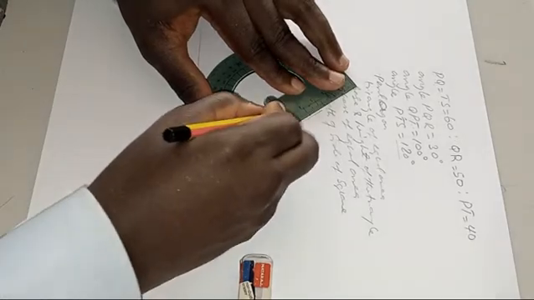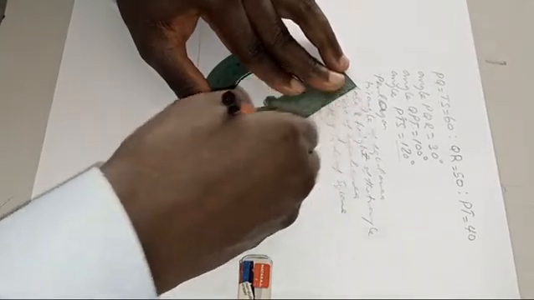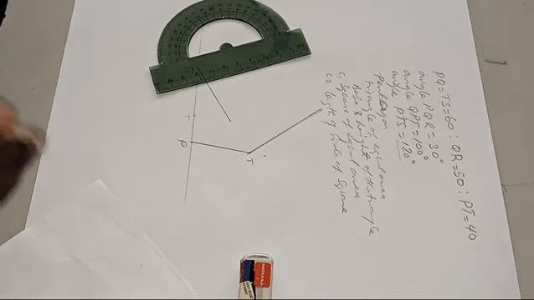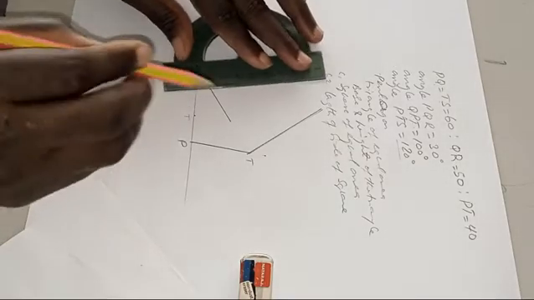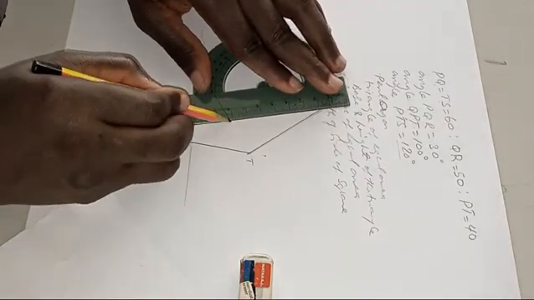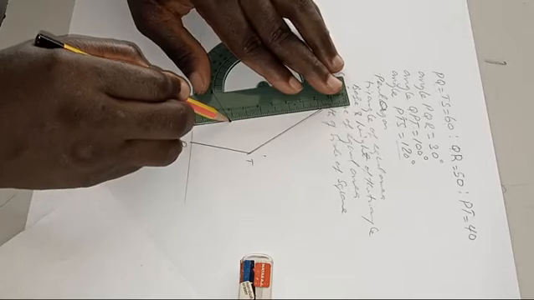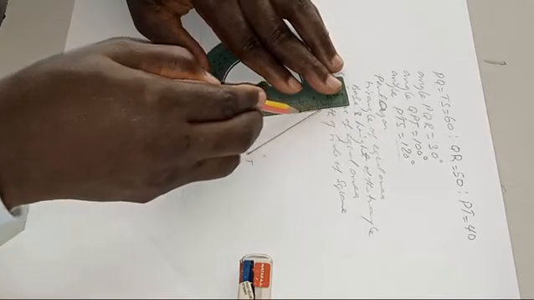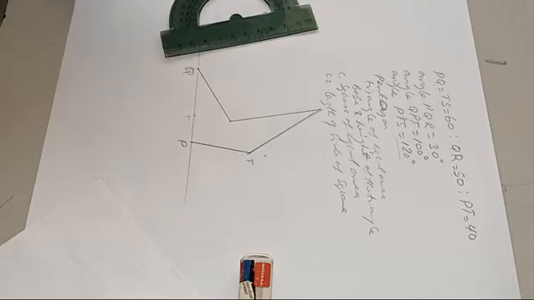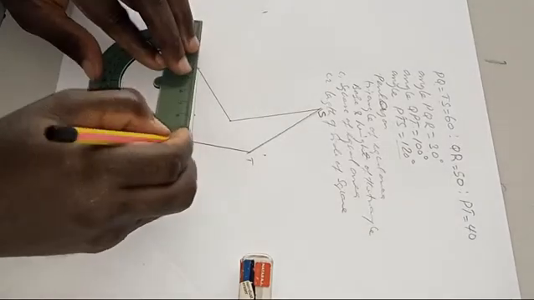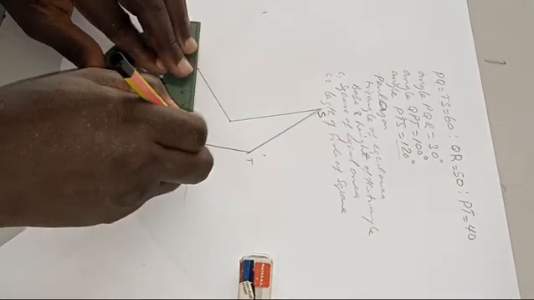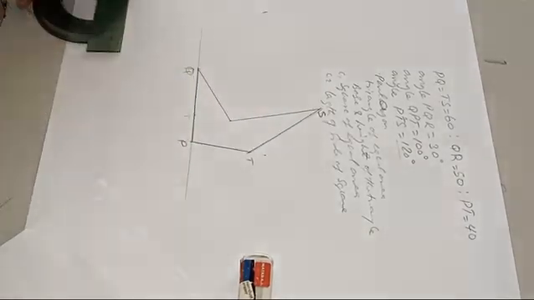So now all you need to do is to join this to the bottom. Like that. So that is the first stage of the question, to draw the given pentagon.